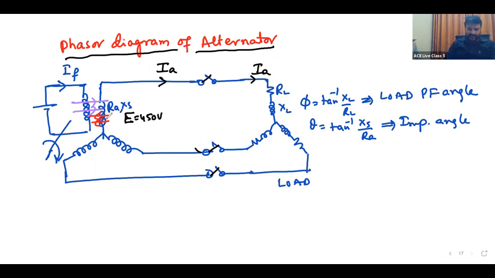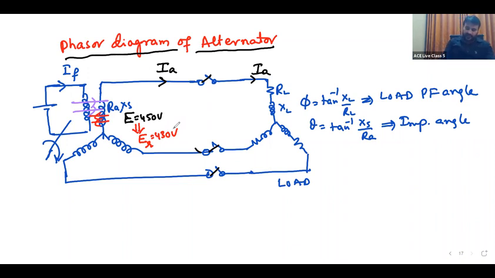When the net flux decreases, the net generated EMF also decreases. That we will call ER, say some 430 volts. Why is that voltage decreasing? Because of armature reaction. Due to demagnetization, when the load is connected, the armature flux opposes, the net flux decreases, and therefore the generated EMF also decreases.